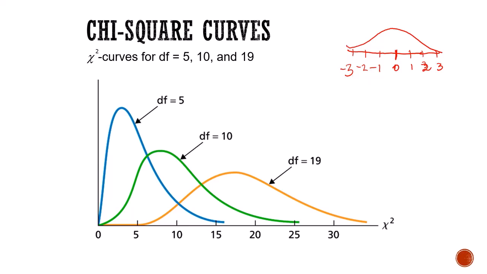What happens is the lowest point in a curve is 0 on the left hand side, and the curves rise from 0, as in this picture here. They rise from 0, that's the lowest point. They go up, they peak, and they drop down, and they get closer and closer to the x-axis as they go towards the right, but it never quite touches the x-axis, or it doesn't go below the x-axis.